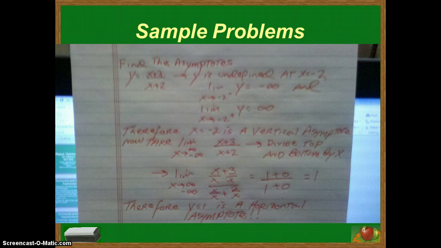Therefore, y equals 1 would be a horizontal asymptote for this function. So just to recap, this function would have a vertical asymptote at x equals negative 2, and it would have a horizontal asymptote at y equals 1. Not so bad.